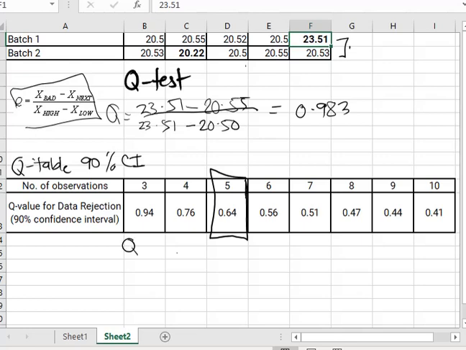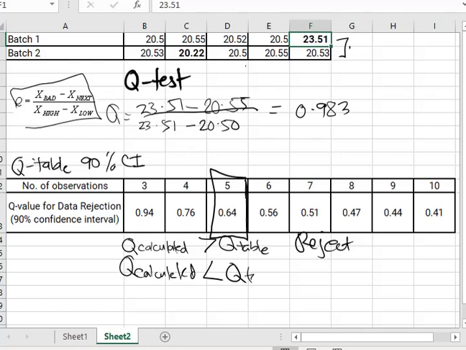Now, if Q calculated is greater than the Q in the table, then you have to reject. If Q calculated is less than that of the Q table, then we have to retain the value.